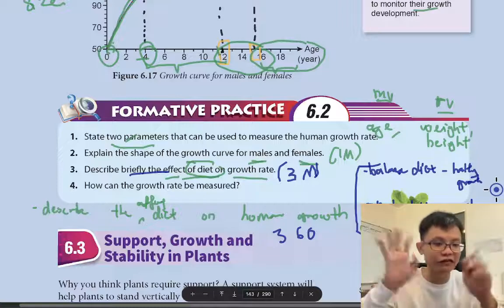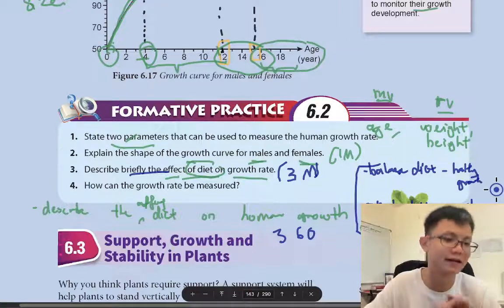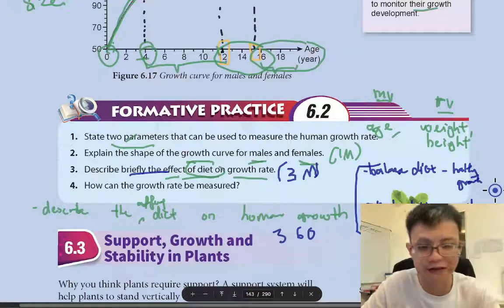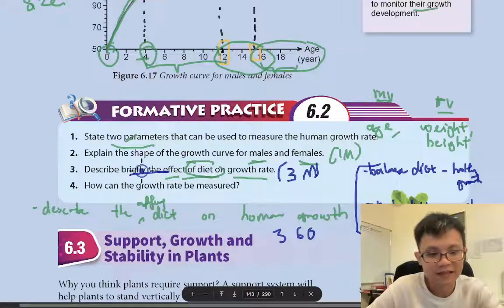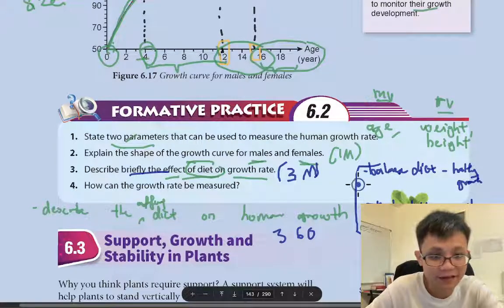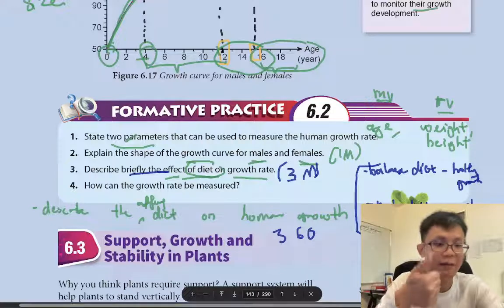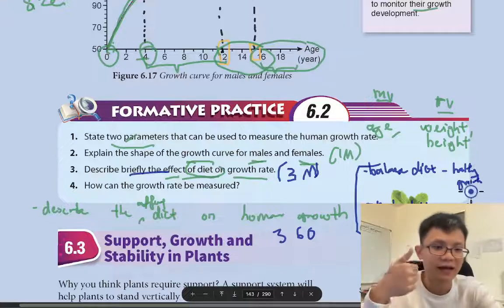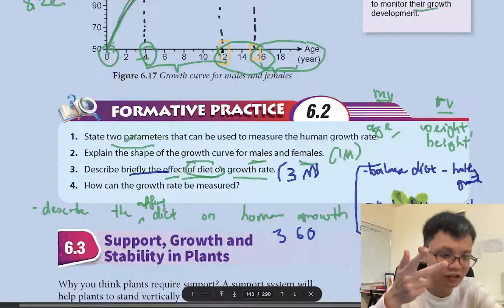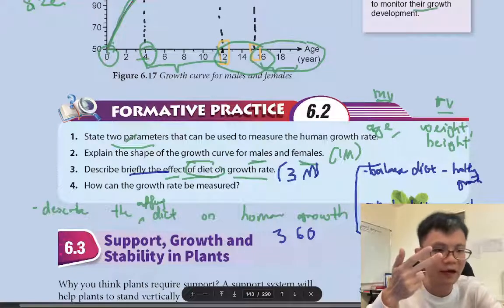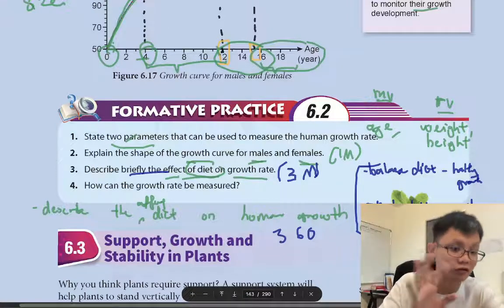I can already. I don't want to write lah. Because I write very slow, I got no time to say it like that. But I already wrote the keywords: balanced diet, healthy growth, malnutrition, not enough food, slow growth. Okay, just use your own words.